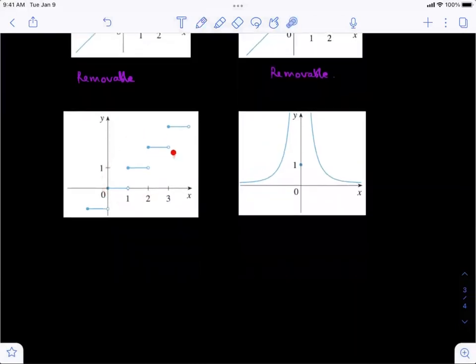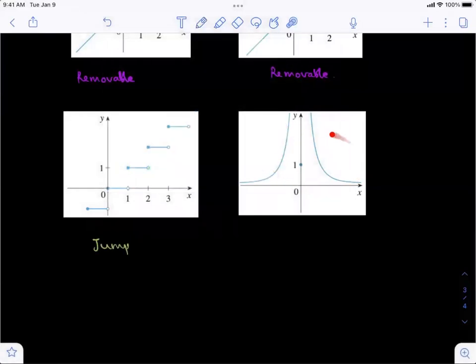In this case, this is called the jump discontinuity because you see holes on the graph of the function. The function is discontinuous at x equal to 0, 1, 2, 3, and so on. It's classified as a jump discontinuity because the left-hand limit does not equal the right-hand limit.